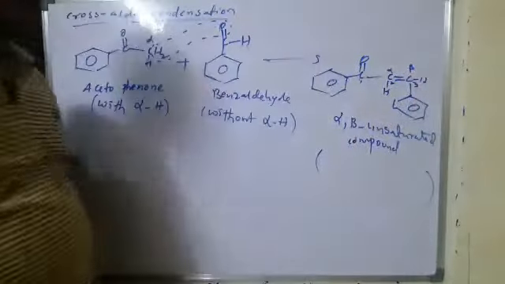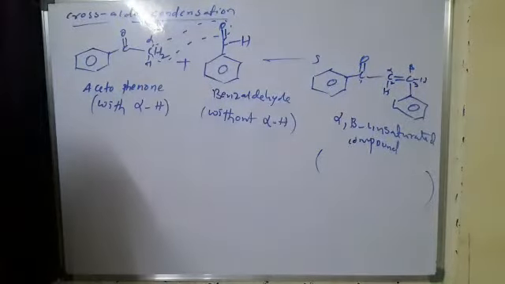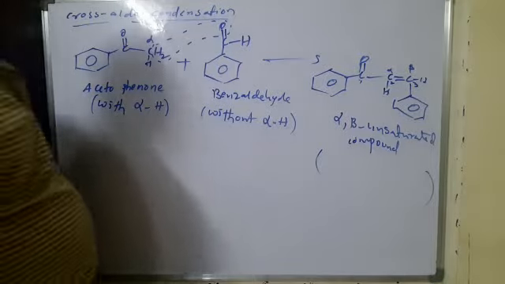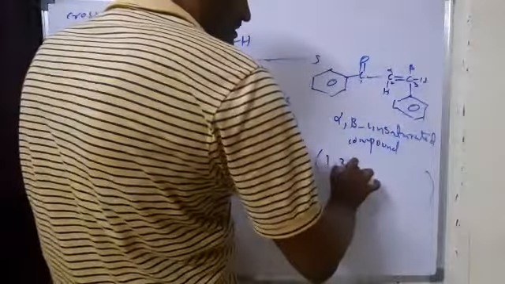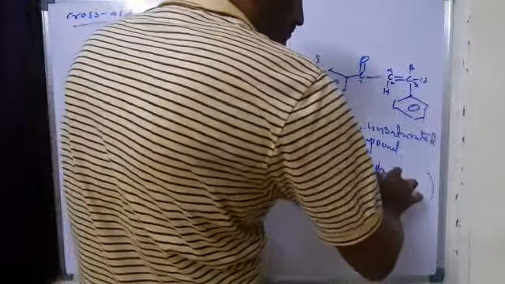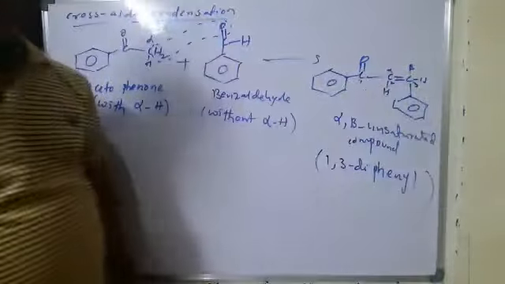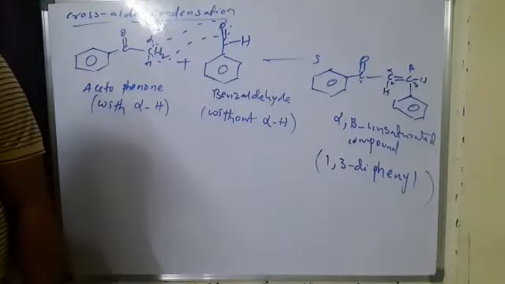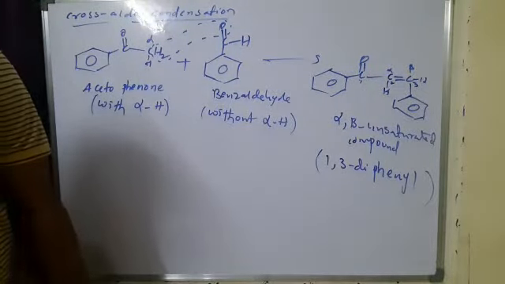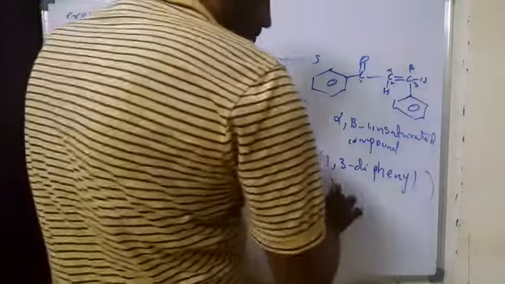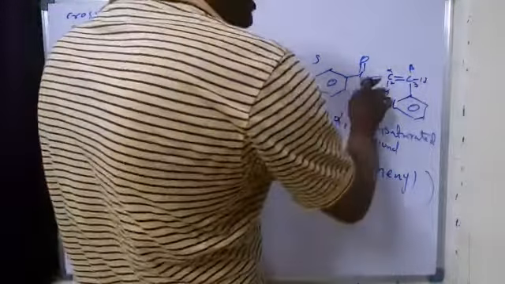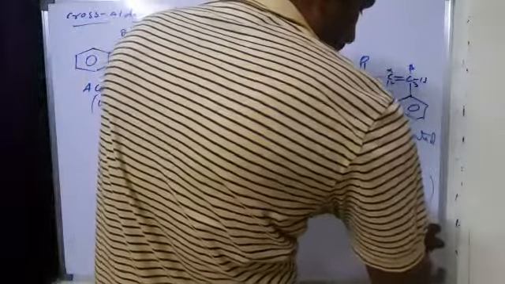So 1,3-diphenyl, three phenyl groups, benzene rings, 1,3-diphenyl, prop-2-en-1-one. Propane has 3 carbons, this is the parent, so prop-2-en-1-one. This is the IUPAC name.